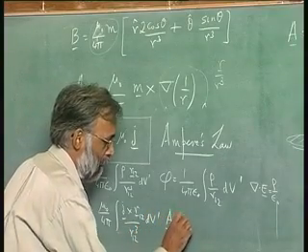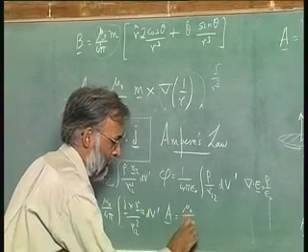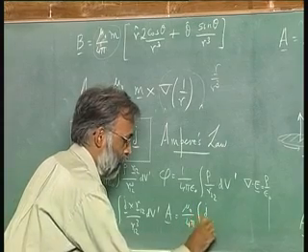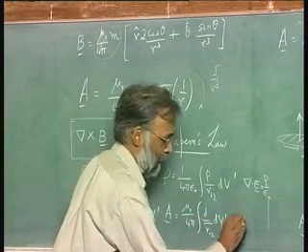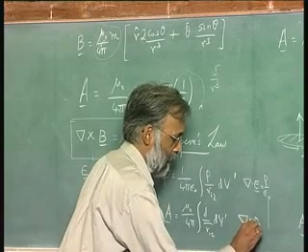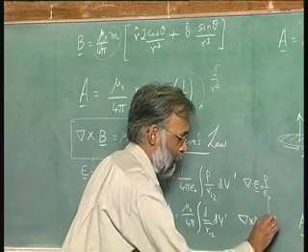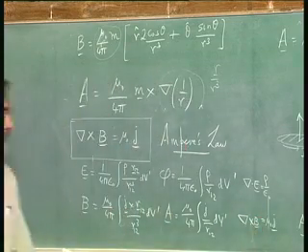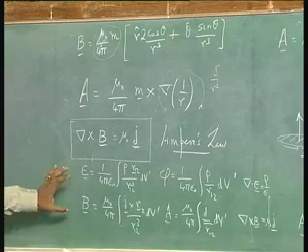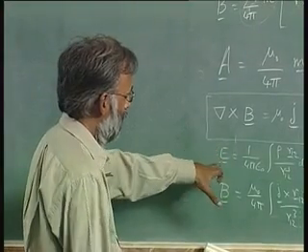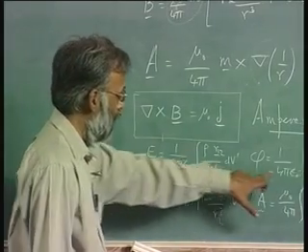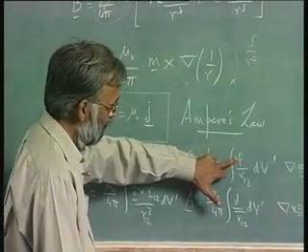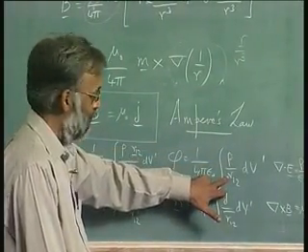A is equal to mu naught over 4 pi integral j over r12 dv prime. Curl of B is equal to mu naught j. Look at the symmetry of these equations. The electric field is derived from a charge density. The potential involves only that source divided by r12.